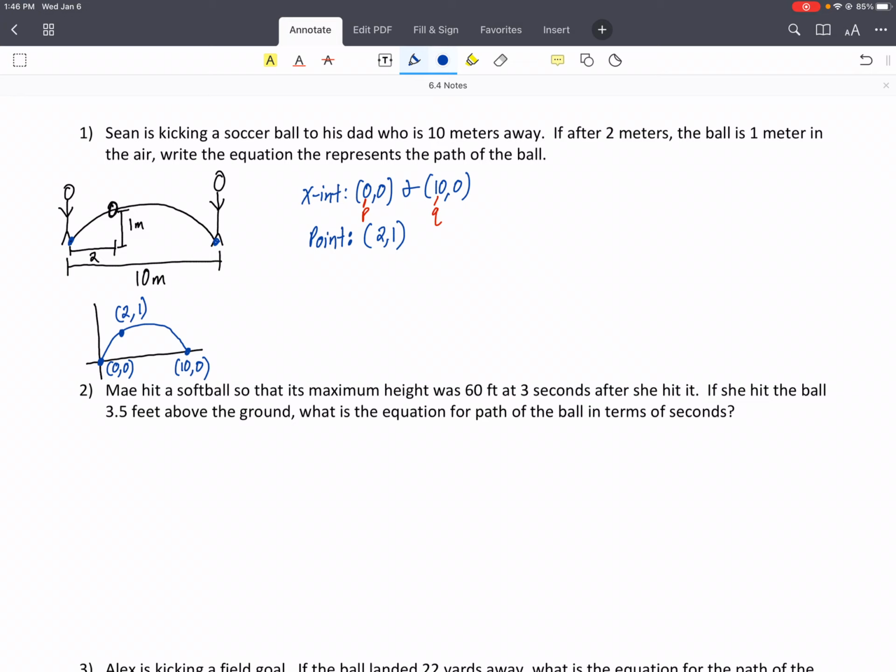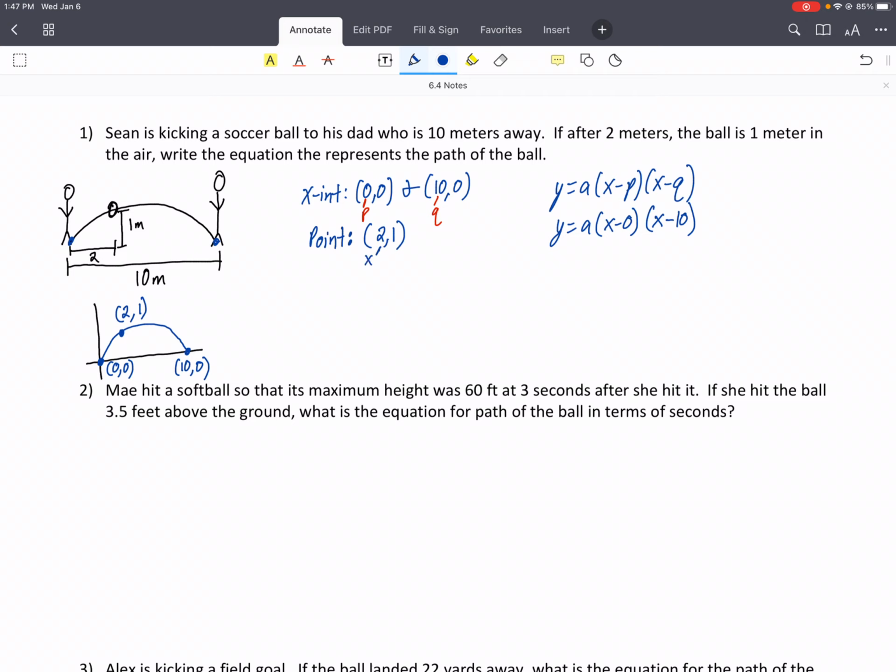With that, we can use our intercept form to create an equation. So we would have y is equal to a times x minus p times x minus q, because we're given our x-intercepts. So we plug in p, so we'd have y is equal to a times x minus 0 times x, and then we have to do minus 10 because it's a positive 10.